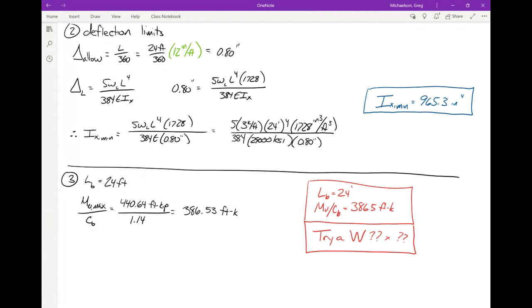W18 by 76. That is exactly correct. So try a W18 by 76.